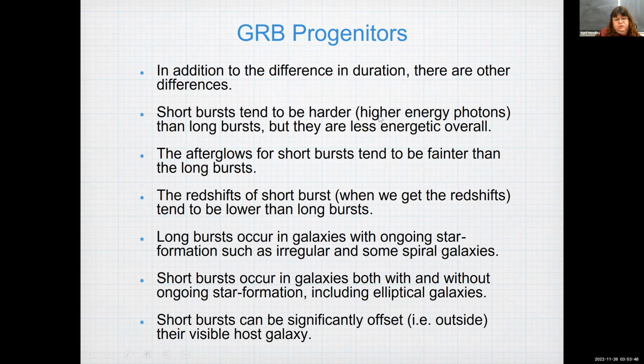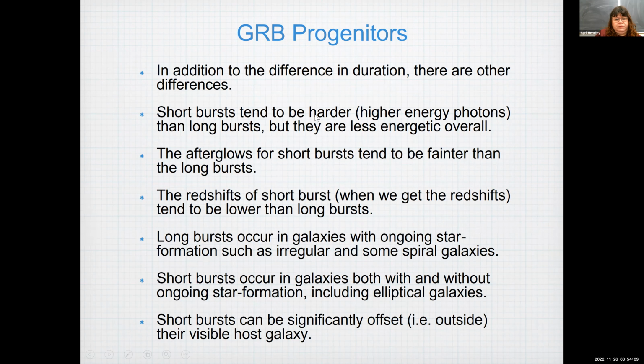Some other differences between them, and all this goes to what causes them. The short bursts tend to be harder, higher energy photons, but less energetic overall. And the afterglows for short bursts tend to be fainter.